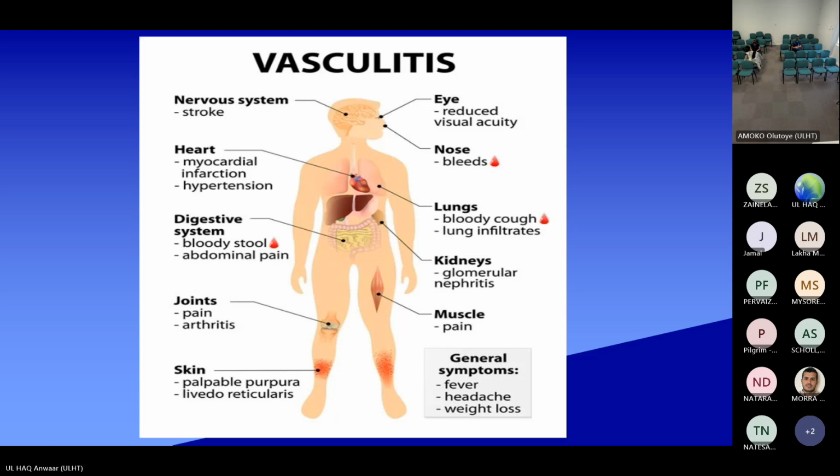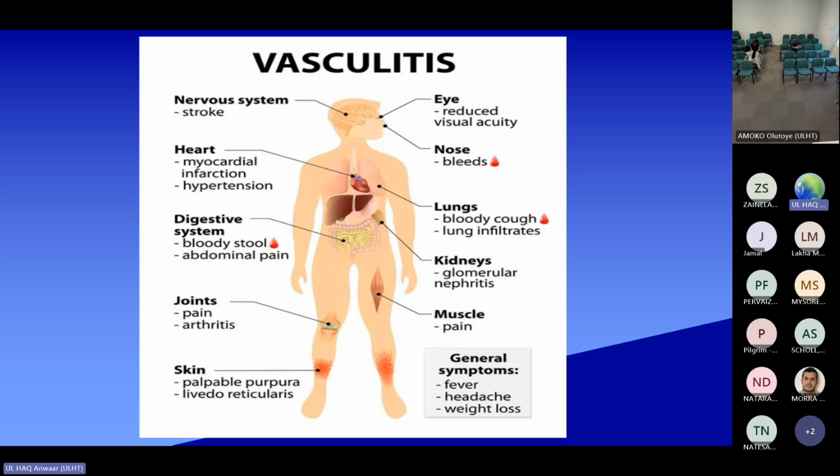Lungs: the patient can present with massive pulmonary hemorrhages, or can also have hemoptysis. Patient can have shortness of breath, and in EGPA, eosinophilic granulomatosis with polyangiitis, the patient can also have wheeze-like symptoms that respond very well to steroids.